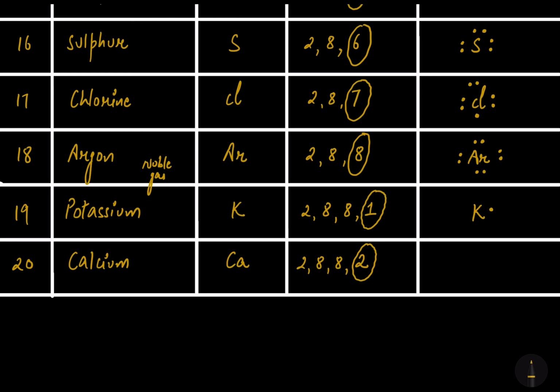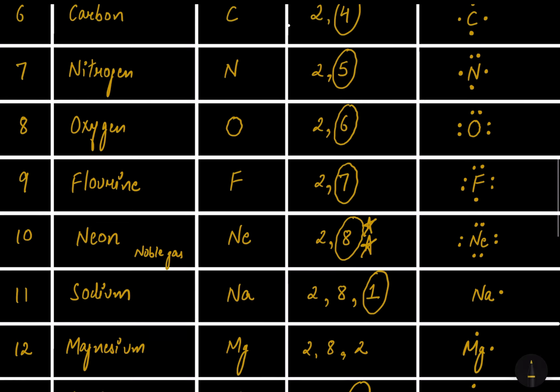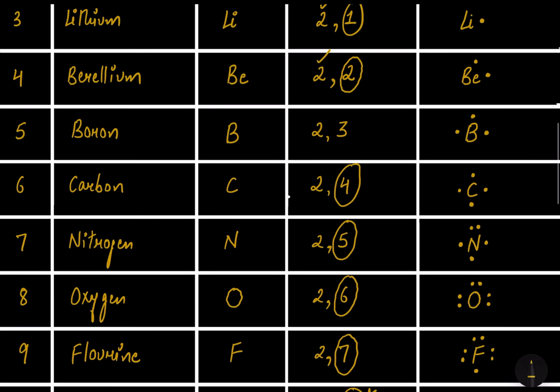So that means we have to show 2 electrons in the Lewis symbol of calcium, as it's having 2 electrons in this outermost shell. So that's calcium, and we have to show the 2 electrons, that's 1 and that's 2. So these are the Lewis symbols of the first atomic numbers from 1 to 20.